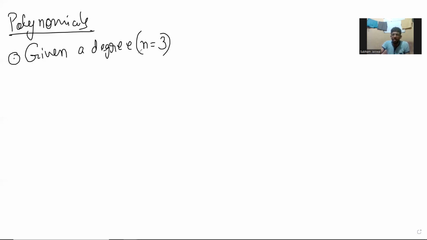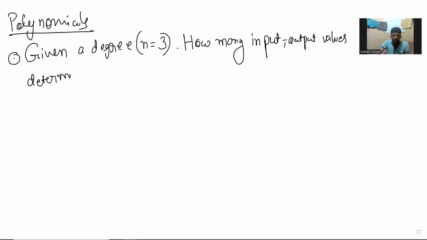So, given a degree, how many points, I should say input output values, determine a unique polynomial?